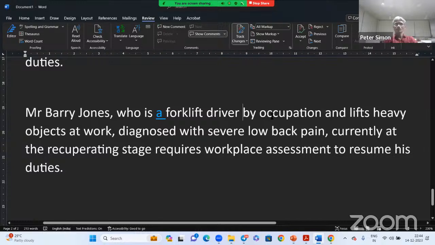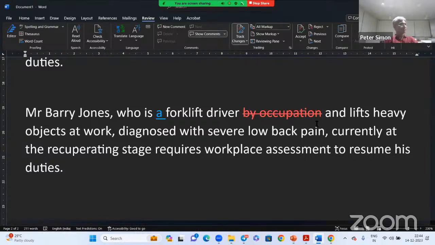Why is this necessary? If it is not there, is there any harm? Is it not sufficient? Driver means occupation only, no? Anybody can understand, right? When anybody can understand, then why are you telling that?